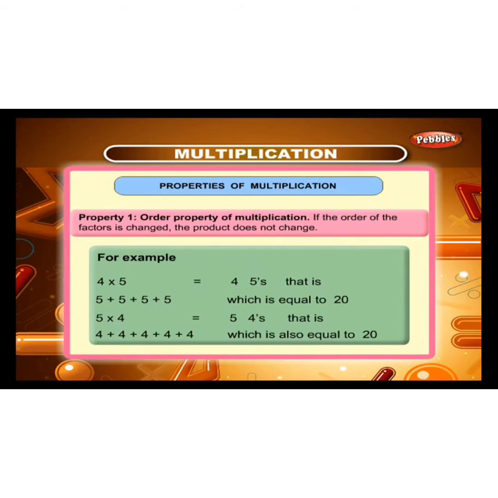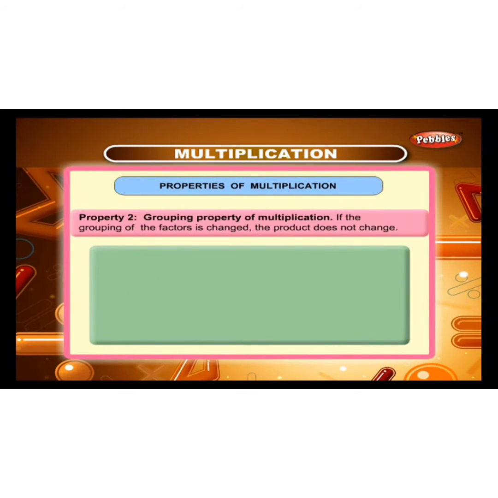Property 2. Grouping property of multiplication. If the grouping of the factors is changed, the product does not change. Let us take one example. 2 into 4 into 3 is equal to 8 into 3 is equal to 24.